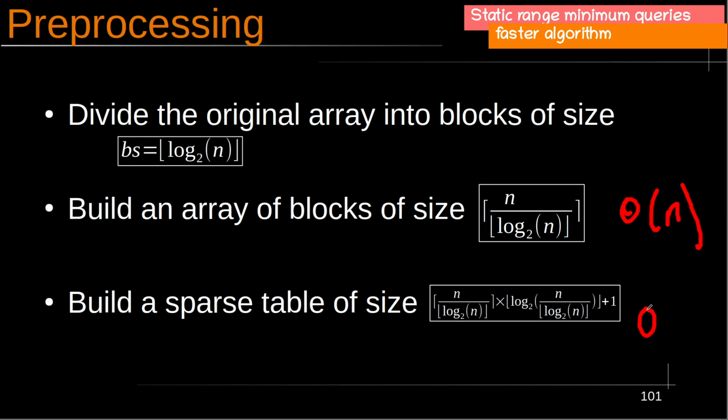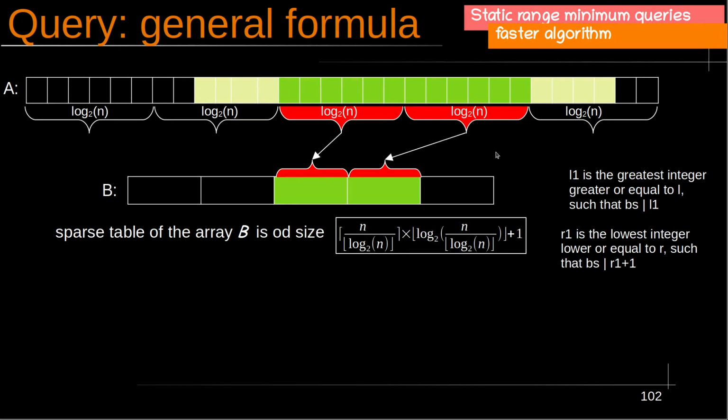And as we have proved, building the sparse table in the array of blocks will be big O of n. Once the sparse table of the array B is built, let's see how to query.